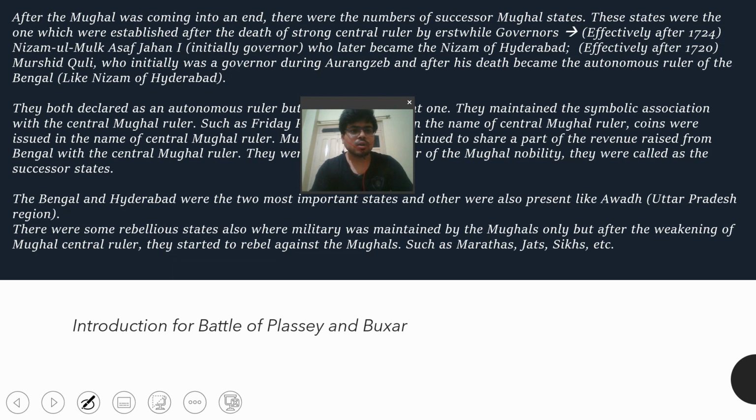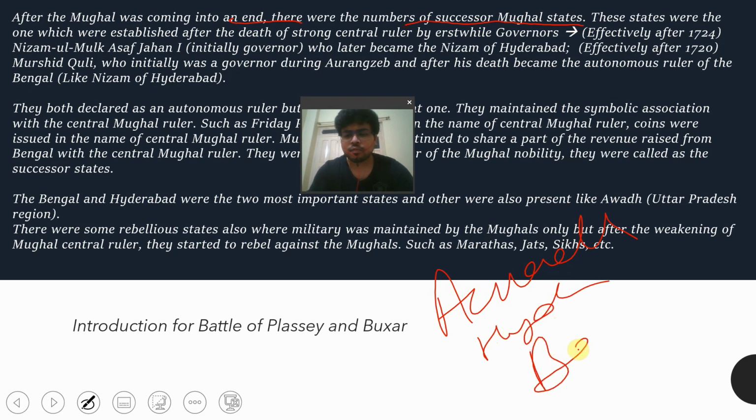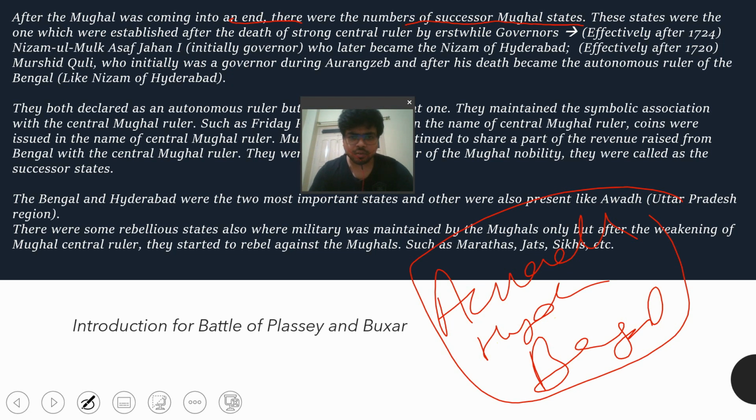After the Mughal empire came to an end, a number of successor states were formed. As we will see, Awadh was formed, then Hyderabad, then Bengal, and similarly most other states. We'll see that the Maratha kingdom was formed, then Mysore, then the Sikhs, and these were rebellious states.